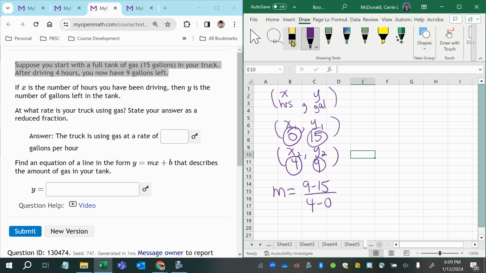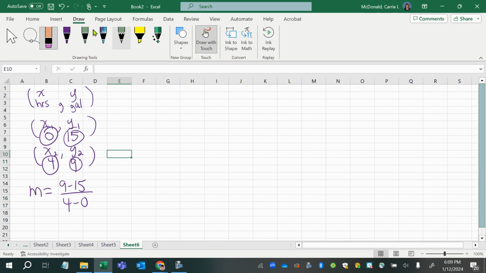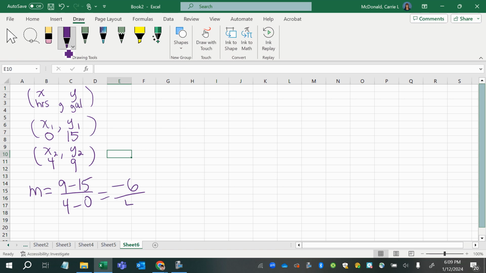Or as I was showing it before, I kind of like doing it this way: start with my second point and put the y on the top and the x on the bottom. Then go to my first point and put the y on the top and the x on the bottom. Then we simplify. 9 minus 15 is negative 6. And 4 minus 0 is just 4. And then this simplifies to negative 3 halves.